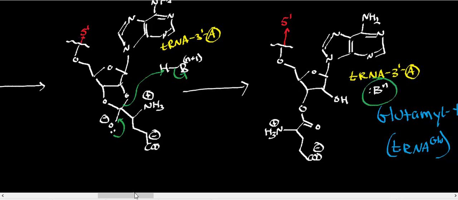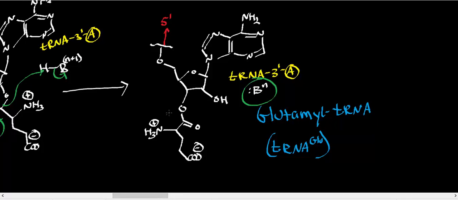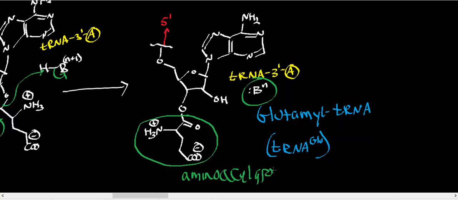So now what I've successfully done is transferred this acyl group, or it's an aminoacyl group because it's an amino acid. I've successfully transferred it onto the 3' hydroxyl group. Once again, I can label these carbons 1', 2', 3', 4', and 5'.